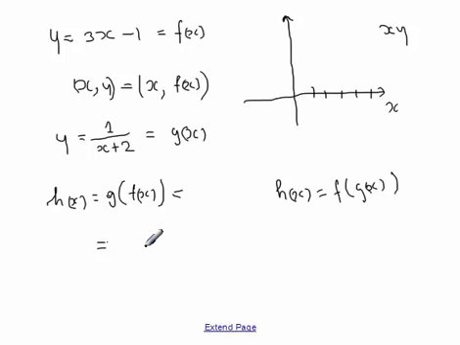Yes, ma'am. You got 1 over 3x plus 2 plus 1. Are you sure you got that, everybody? How did you get that? Let's just check how you got that. The function f is this one, and g is that one.